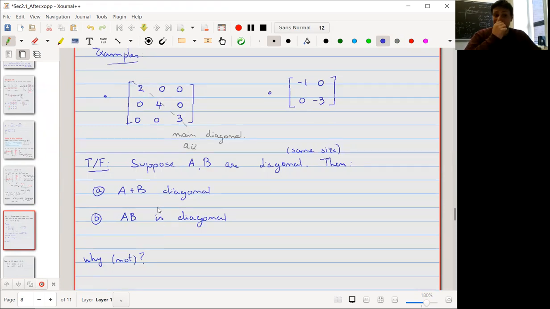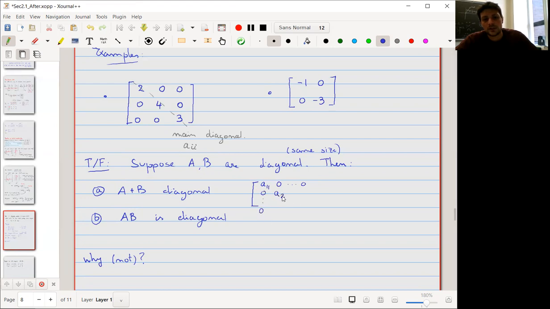Now, let's think about these two questions. If I have two matrices, A and B, and suppose that they're diagonal and of the same size, then A plus B will be diagonal as well. Suppose that my matrices look like this. I'll write it as follows: A11, and then zeros all the way down there, and zeros here.